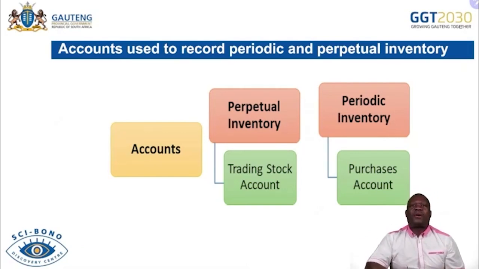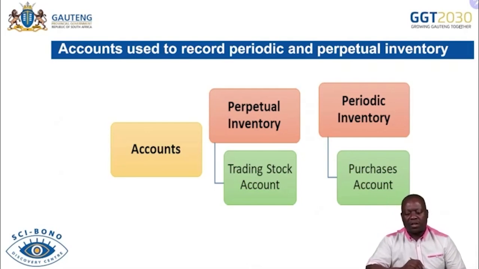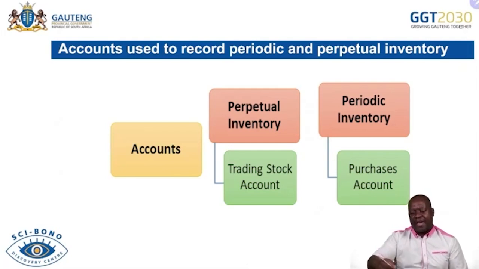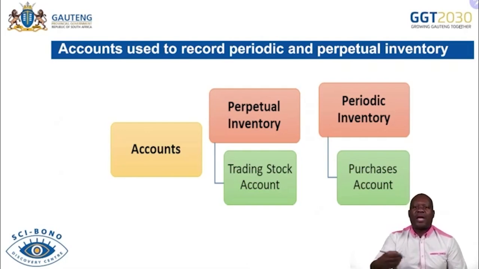Now, what about when we are dealing with the periodic inventory method? Then we are not going to have a trading stock account. There is no specific account for trading stock, but we are going to have a purchases account. In the purchases account, that's where we are going to be updating any stock purchases as well as increases in stock.